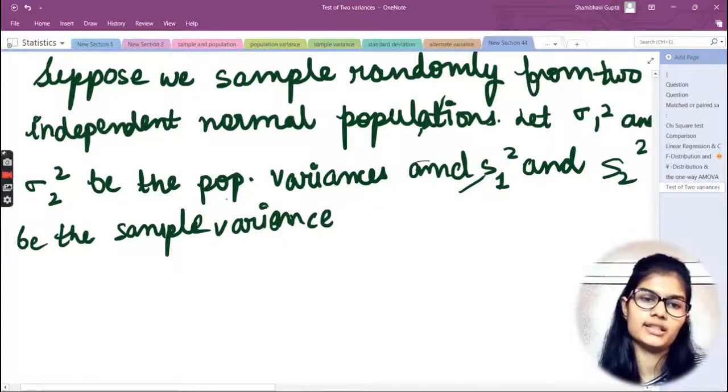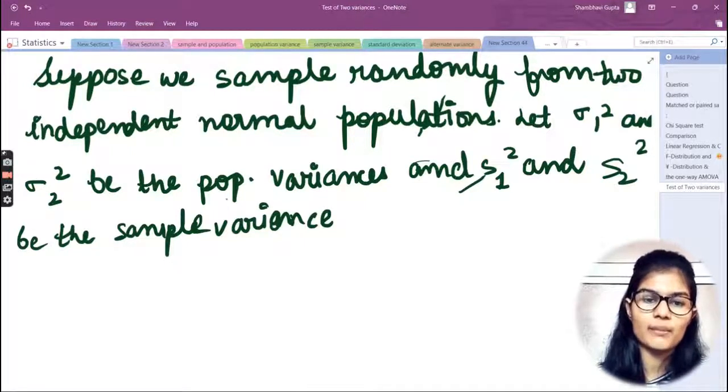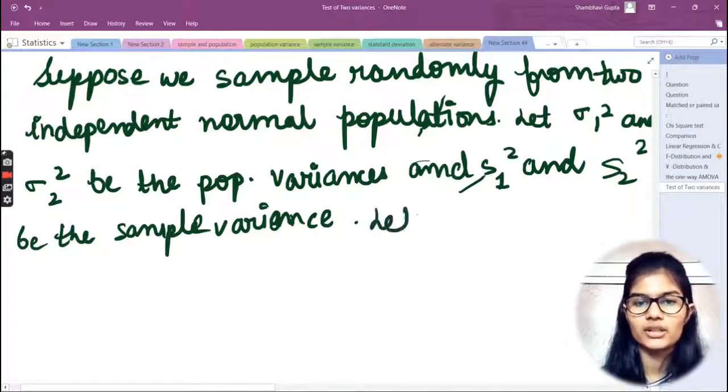Let sigma 1 square and sigma 2 square be the population variances, and S1 square and S2 square be the sample variances.